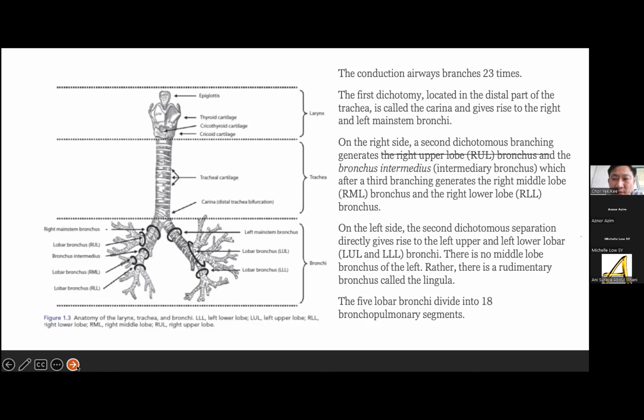The lower the flow that you give, let's say you give only 4 liters, the size of the vapor that you produce is very big, so it will deposit on the upper airway and is less likely to go down. So that's important. And if you give too high a flow, let's say 9 or 10, the vapor is too small.